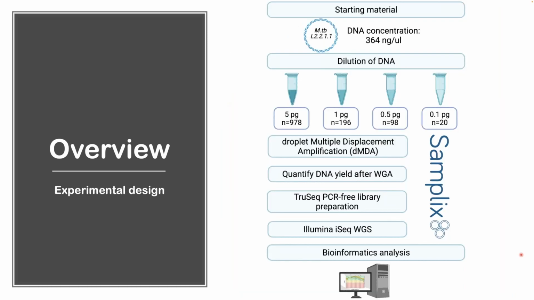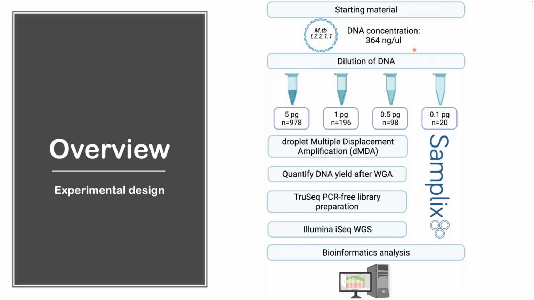Now, our pilot study was designed to evaluate the efficacy of droplet-based whole genome amplification across varying very low input amounts of MTB DNA. Here's a breakdown of our specific experimental design.